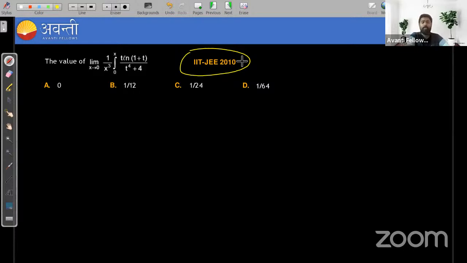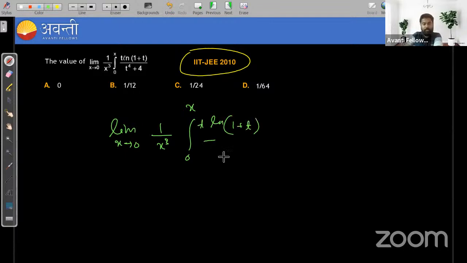The value is given; it is asking to find the limit as x tends to 0 of 1 upon x cube, integral from 0 to x of ln of t into ln of 1 plus t divided by t to the power 4 plus 4. Okay, so how can we integrate?